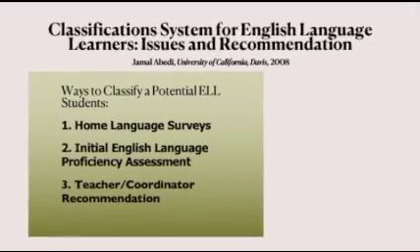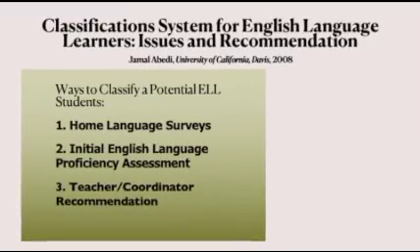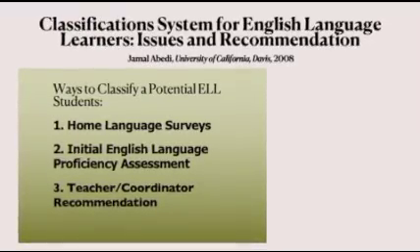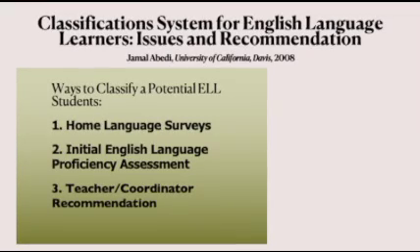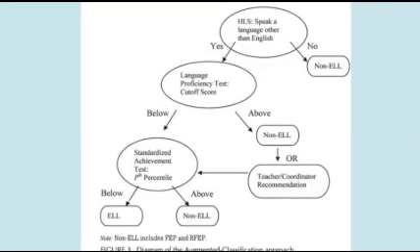One of the ways is by providing home language surveys for the parents or guardians in which they answer questions relating to the student's personal background and language use at home. Another way is by examining students through initial English language proficiency assessments.